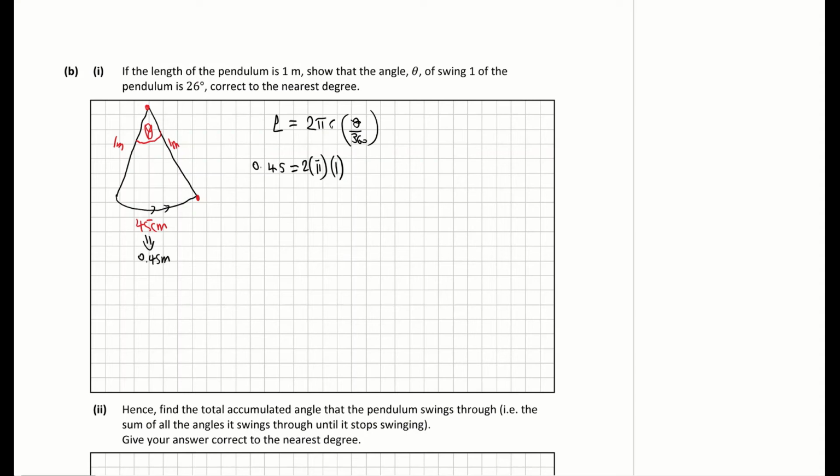So I'm going to put a 0 point in front of my L here. So I'm working either in meters or in centimeters, but you can't mix it. So I'm going to work in meters here. And it's 2 multiplied by pi multiplied by 1 multiplied by theta over 360. And that gives me 0.45 is equal to 2 by pi by 1 is 2 pi times theta over 360.